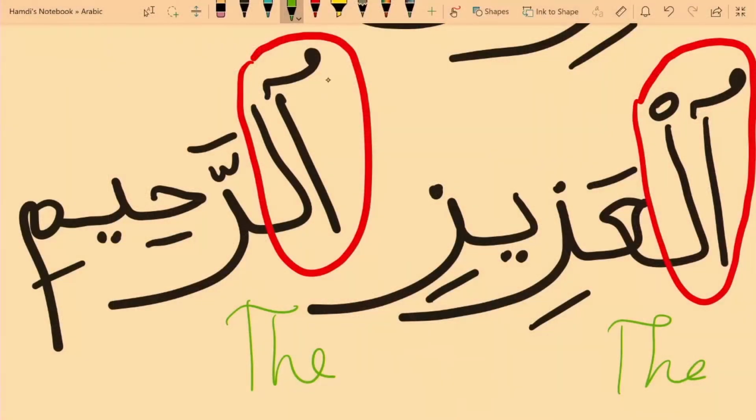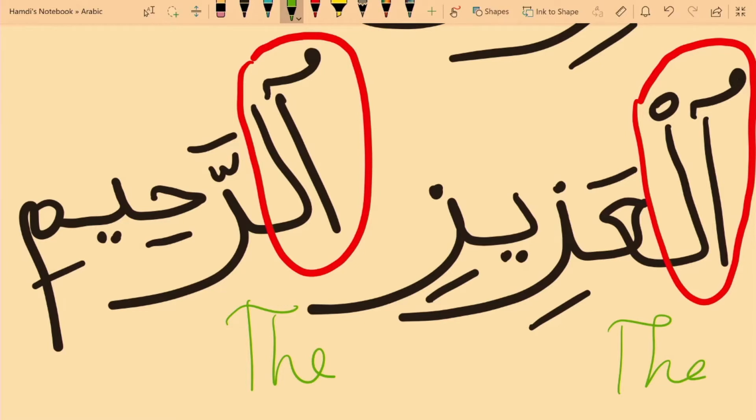If the noun starts with one of the first 14 letters, we'll have this L, the complete L, and another 14 letters. If the word starts with one of them, we'll have this one, the incomplete L, the L when you don't actually pronounce the lam.